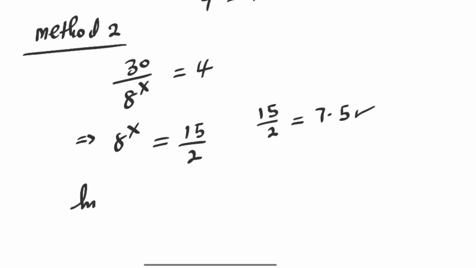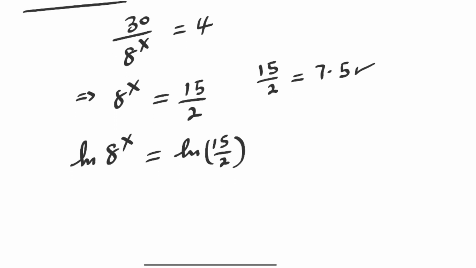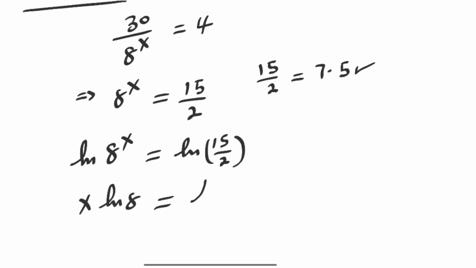We have ln of 8 raised to power s is equal to ln of 15 over 2. Then s ln of 8 is equal to ln of 15 over 2, which can be written as ln of 15 minus ln of 2.